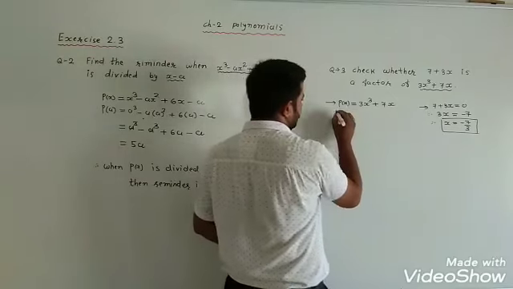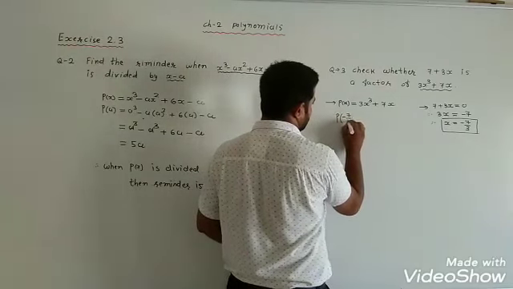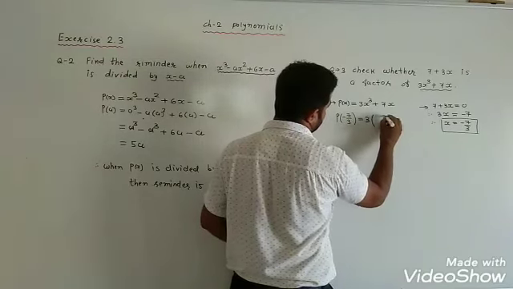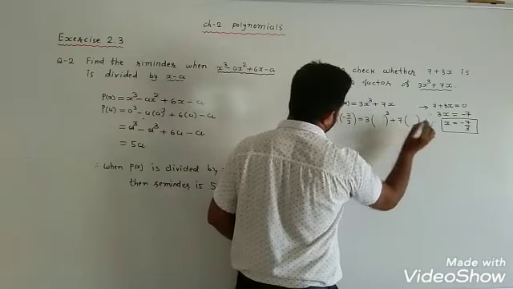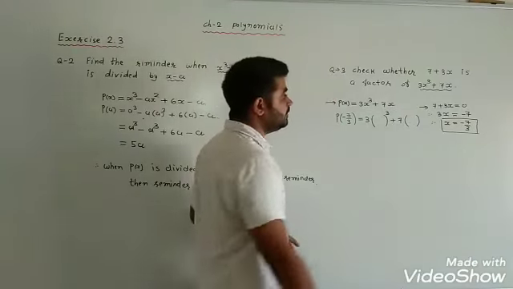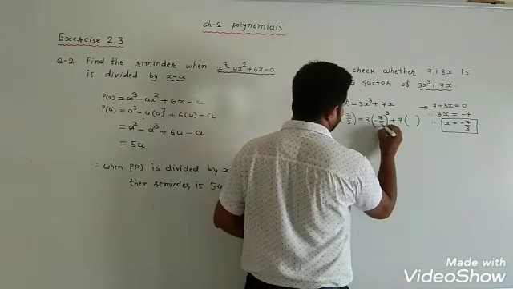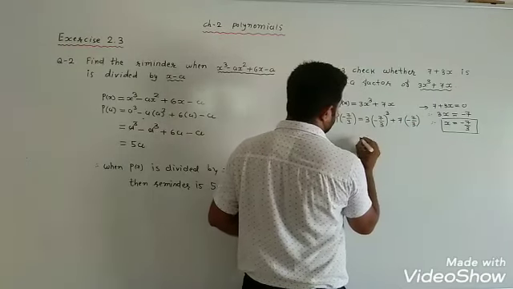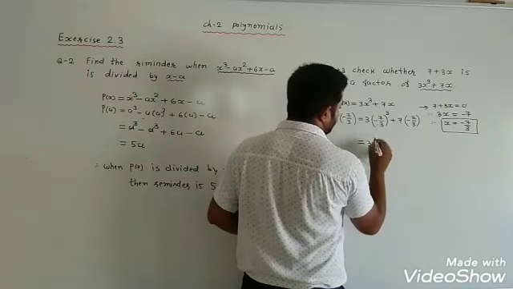Let p of minus 7 by 3 is equal to 3 into x cube plus 7 into x. Now the value of x is minus 7 by 3, so I put it in.